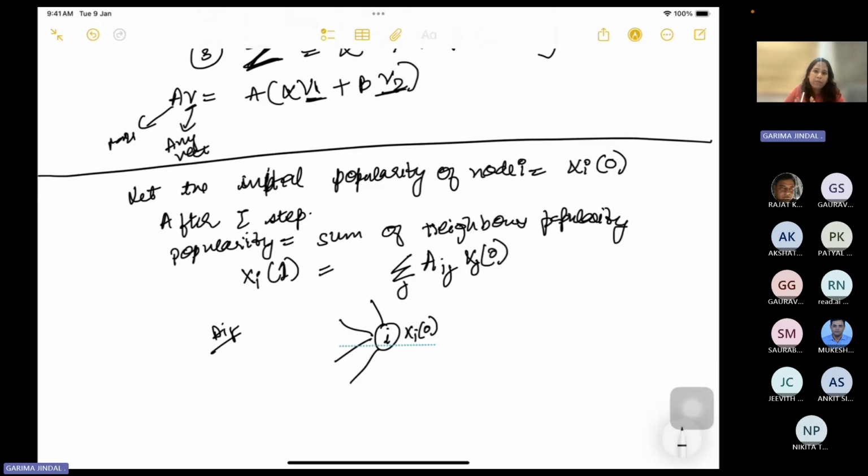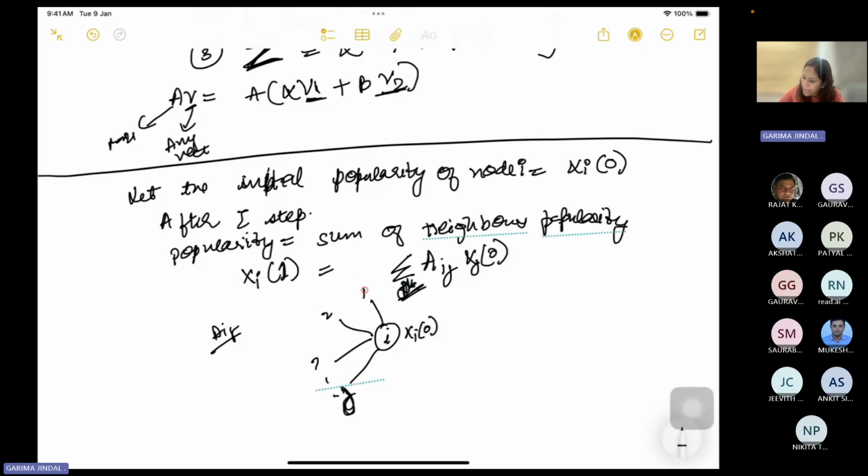Aij is the adjacency matrix, and in the adjacency matrix, Aij has a value if this is a neighbor to i. So these are all the nodes 1, 2, 3 up till j, all the nodes that will be neighbors to this particular node.